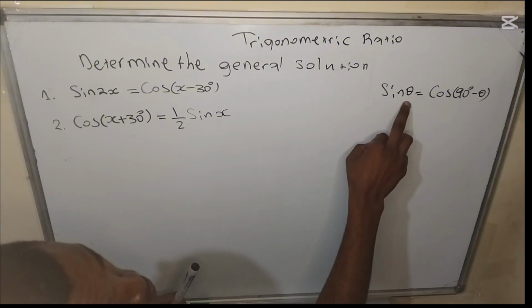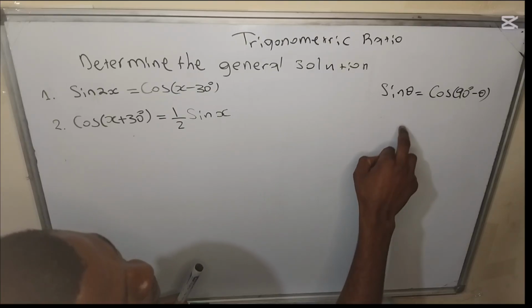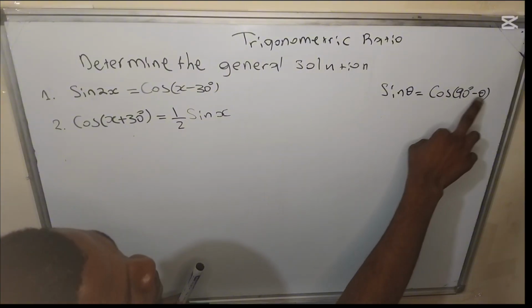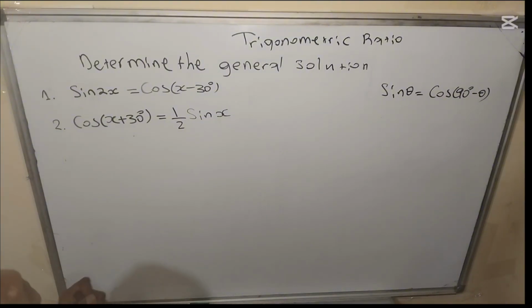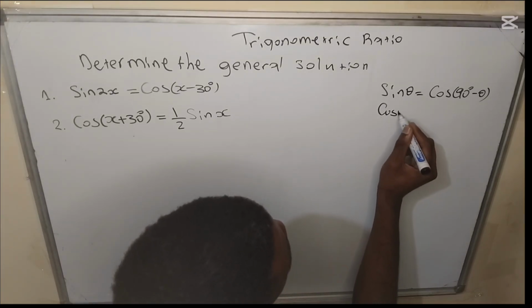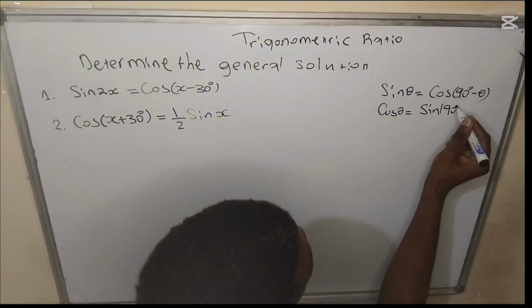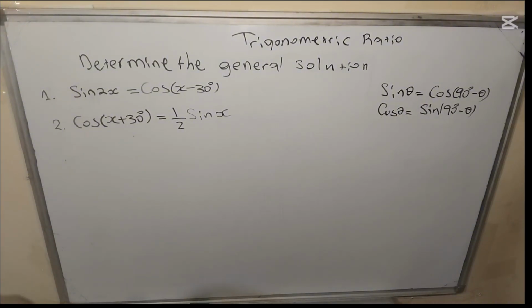If you plug 1 wherever you see theta, then punch sine 1 degree, you are going to get the same answer as if you punch cos (90 degrees minus 1). So these two things are equal to each other, right? Yes, those are called the co-ratios. Even cos theta is equal to sine (90 degrees minus theta). Those are called the co-ratios.